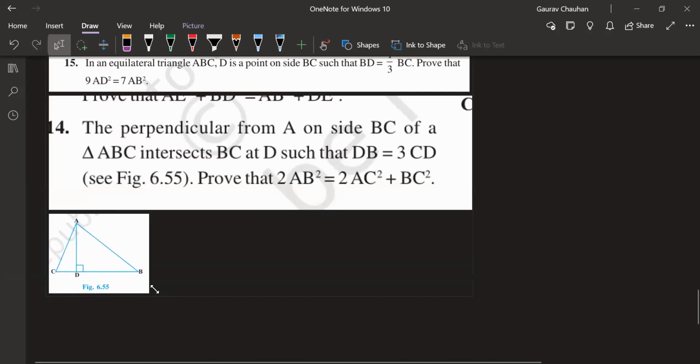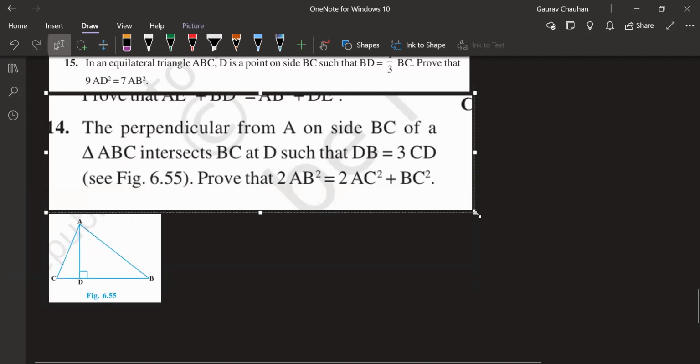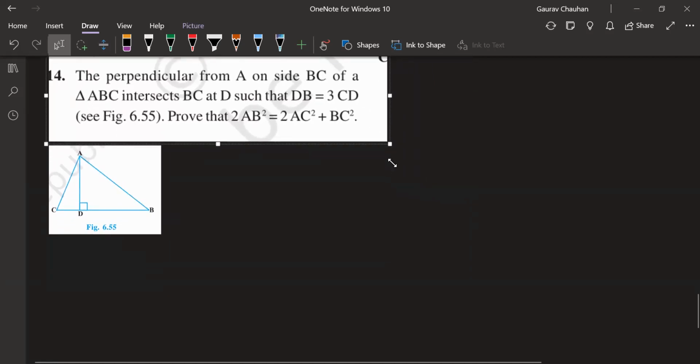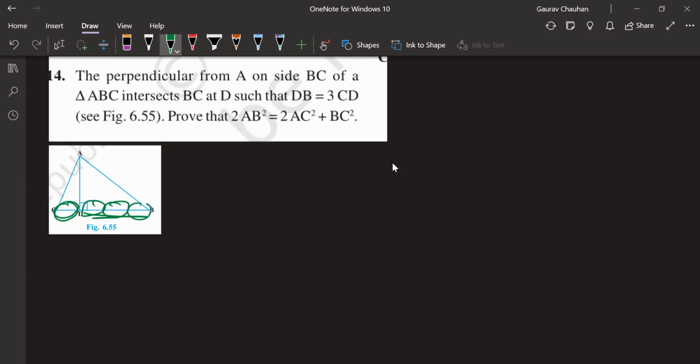This is the question. This is the diagram. A perpendicular from A on the side BC of triangle ABC intersects BC such that DB is equal to 3CD. DB is equal to 3 times this. Okay. So here one more will come, here one more will come. This is our understanding which we need to have.